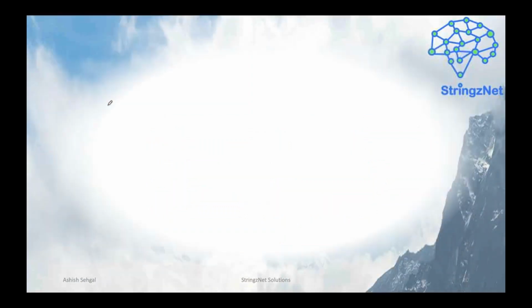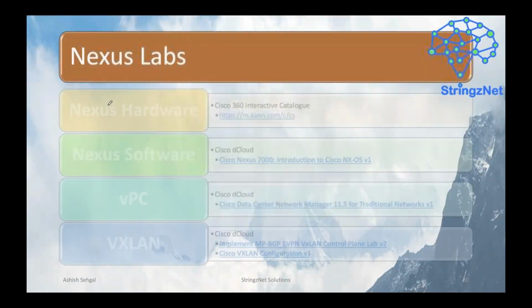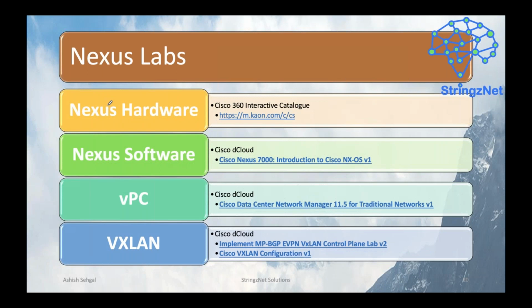so a lot of things are there. It's not possible to explain everything in just 1 hour. So I have specified over here the name of various labs available with us, and unfortunately, the online availability of this Cisco 360 interactive catalog is not available now.